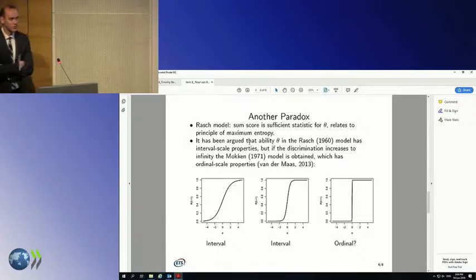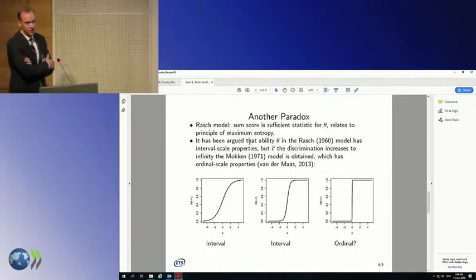However, if you increase the discrimination, so the slope of the item response curve, to infinity, you lose the interval scale property. On your left, you have the Rasch model with a certain slope, which is equal for all items. In the middle, you have a more discriminating Rasch model where the slope is steeper.